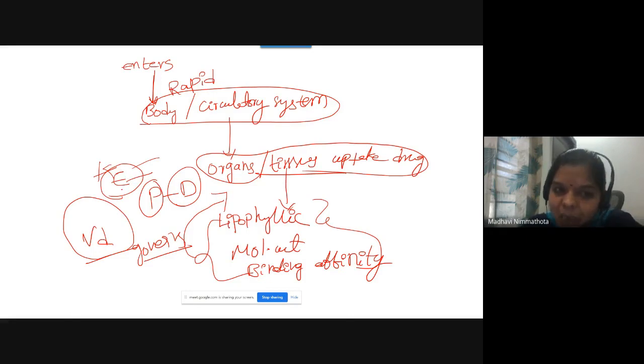It is K capital E, not a small e. If you write K small e, it indicates excretion. And if it is K capital E, it is elimination. These are very important.